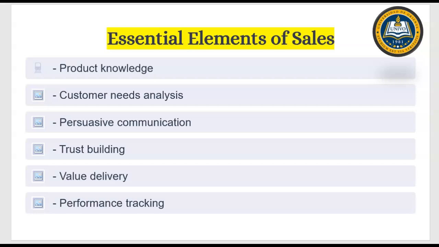Okay, show the correct product. Persuasive communication. Try to get as much information as you can. Trust building. And if they are looking for a product, they must trust you, and you must be trustworthy. A trustworthy employee, a trustworthy person in that communication process.